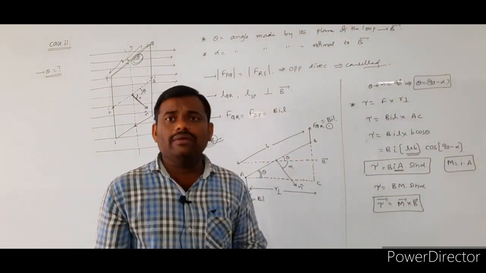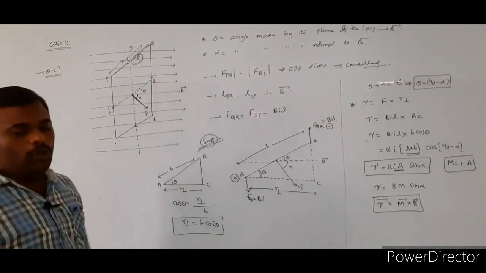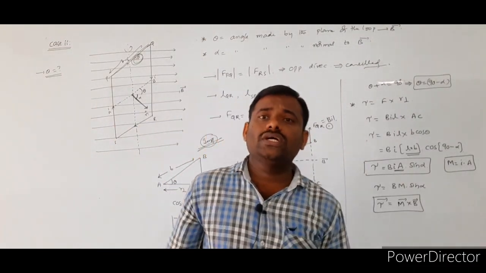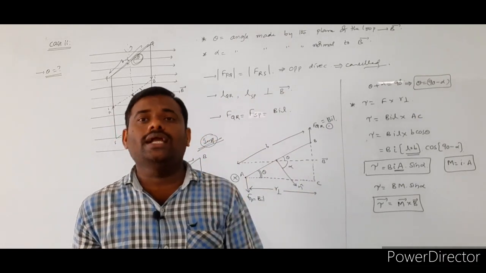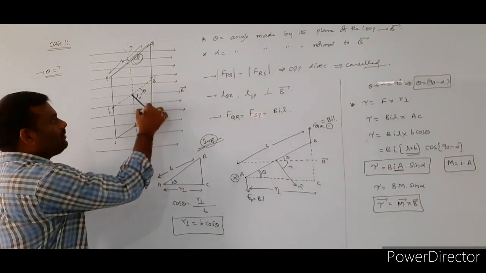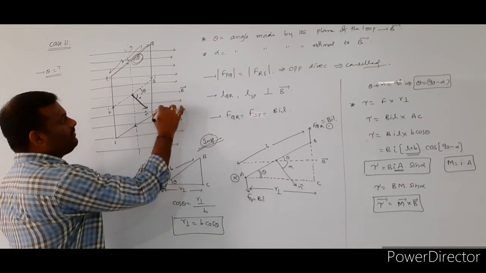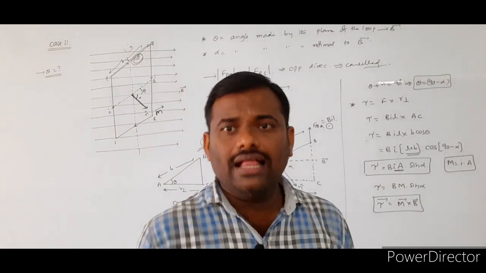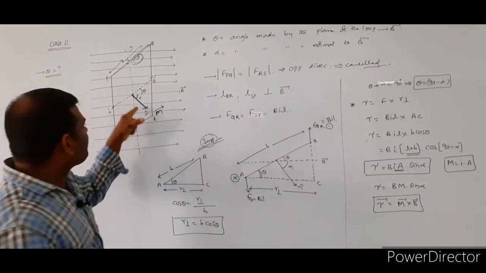How is alpha the angle between these two vectors? For a given loop, the direction of the magnetic moment is always existing in the direction of its normal only. So in the direction of its normal only, M bar will be acting. The magnetic moment of the rectangular loop will be existing in the direction of the normal.